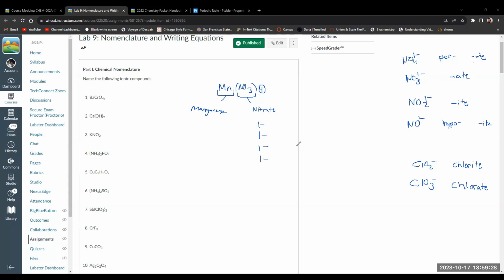We have 4 of them. Remember, we wanted it to equal 0. So what is the charge of manganese going to be? We only have 1 manganese, and we want it to equal 0. So it has to be 4 plus.